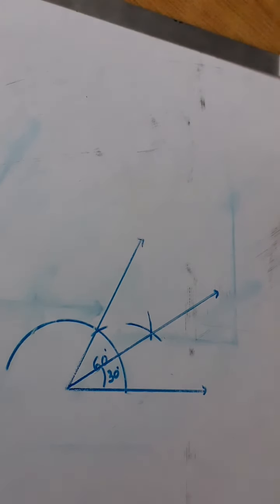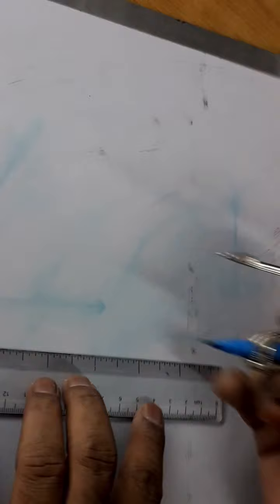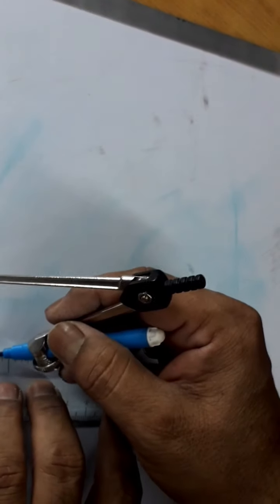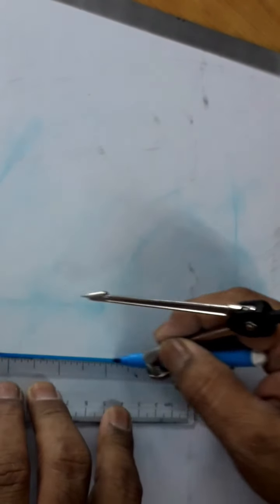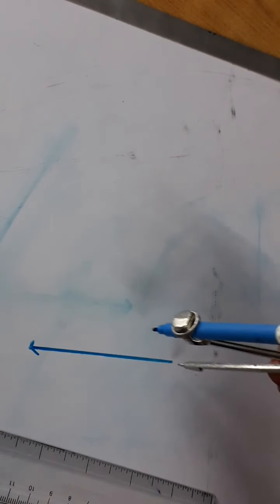Now one more thing, some students have difficulty in making an angle of 135 degree. For making 135, we are taking an arm like this. First we will make an angle of 90 degree at this point.